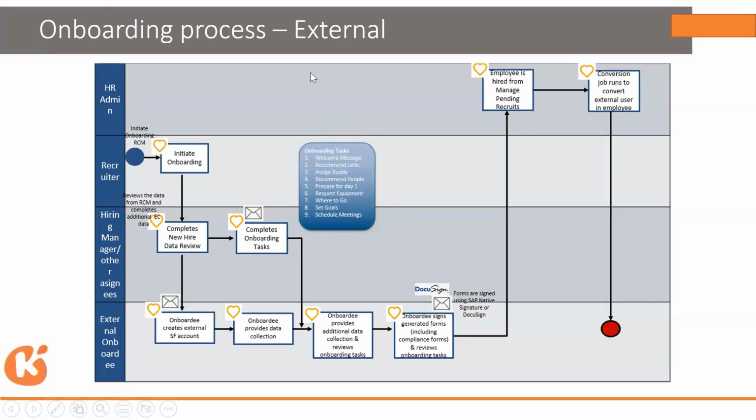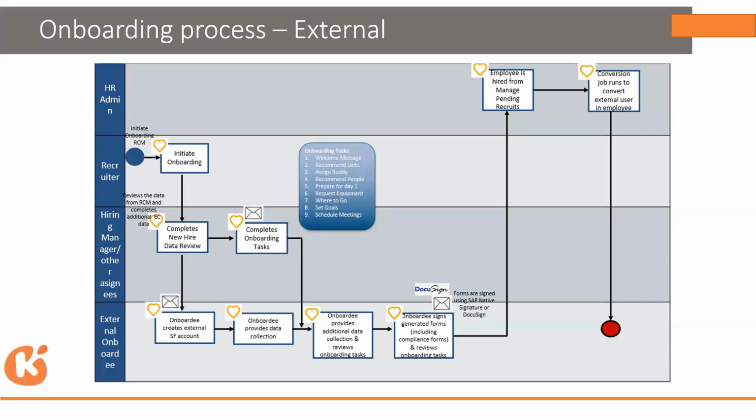Once the onboarding tasks are triggered, the candidate logs in to the onboarding portal and goes to the data collection. He has to provide the data collection steps. The second step in the process for the candidate is the personal data collection step. In recruitment, you have hundreds of candidates applying for a job, so you will not ask for so much information.